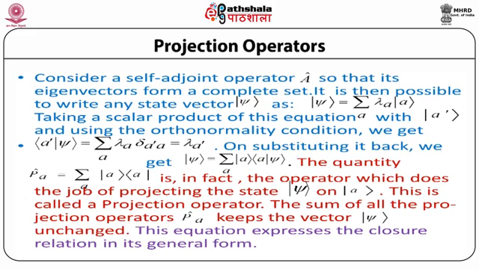And this projection operator basically does the job of projecting the state ket vector |ψ⟩ on the state ket vector |A⟩. The sum of all the projection operators P_A keeps the vector |ψ⟩ unchanged. This equation expresses the closure relation in its general form.